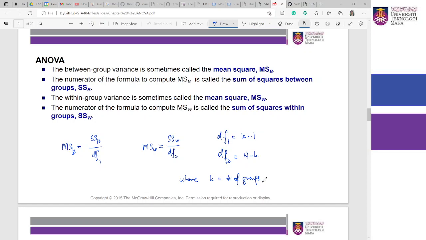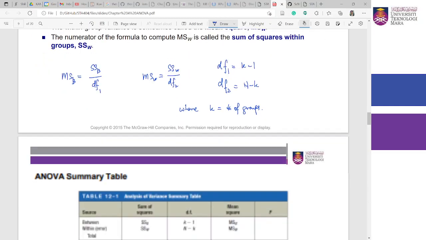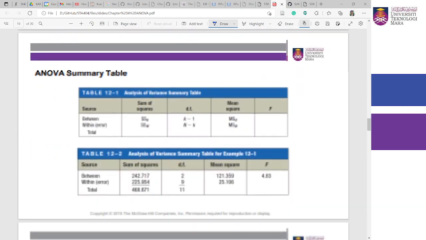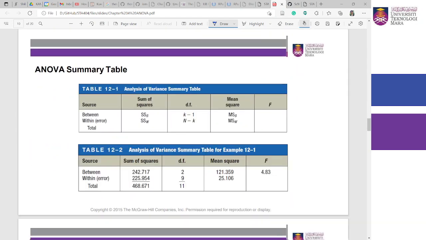So basically all this information can be shown in a table form. Okay, normally when you run the analysis using SPSS or any other statistical software, they will give you the output in the form of ANOVA tables. So the ANOVA table will be something looking like this. You have between and within.